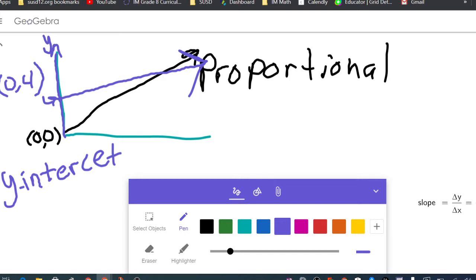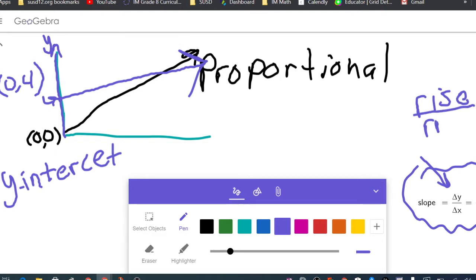And for all linear equations, the slope is still given by the change in y divided by the change in x. This is easy to remember as rise over run. I'll write that down.